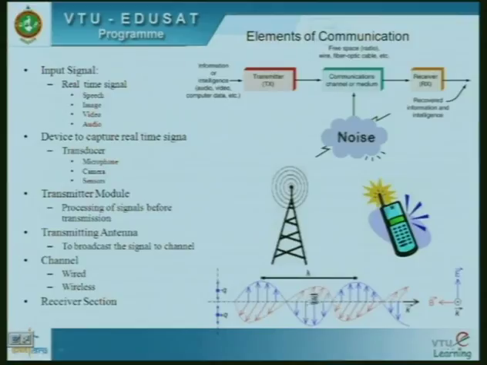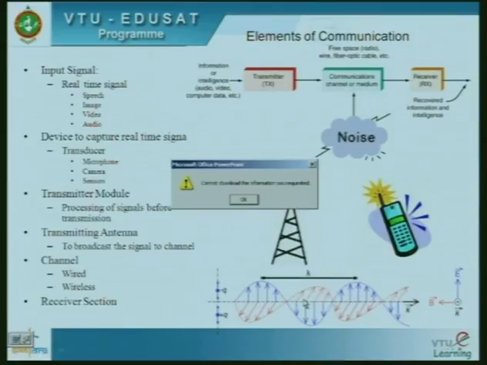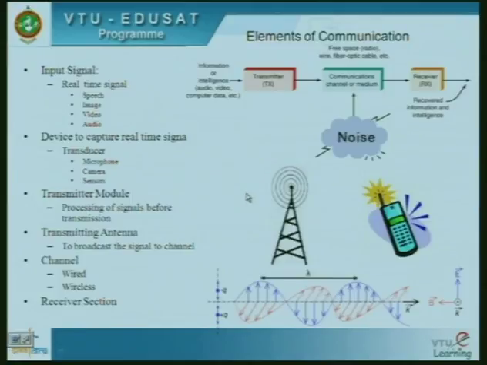The picture you see here is a simple picture illustrating what an electromagnetic wave is. In an electromagnetic wave, the electric field is perpendicular to the magnetic field.